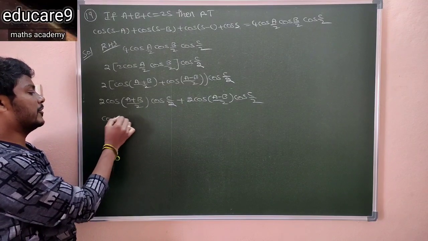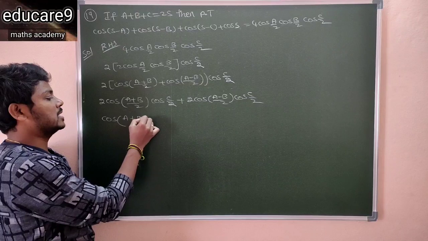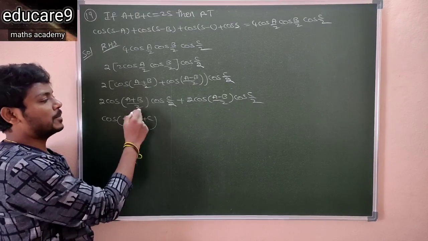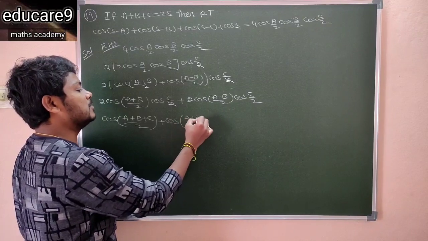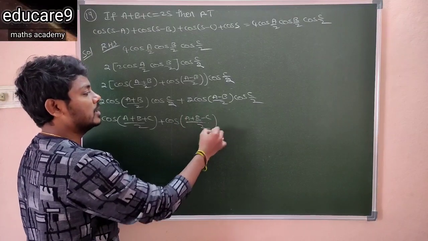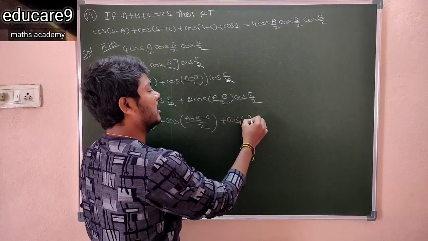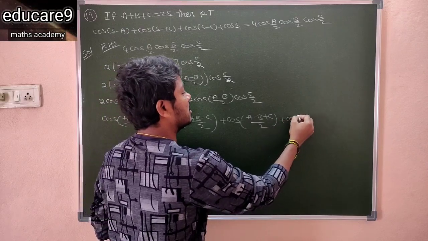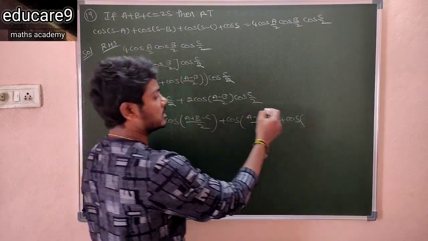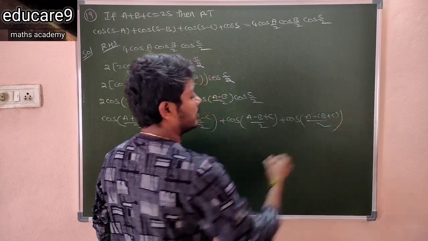That is cos of a plus b, you have to add these two, that is a plus b plus c by 2, and subtract these two, plus cos of a plus b minus c by 2. Here also apply same formula. Cos of a minus b plus c by 2. Next plus cos of, subtract these two angles, a minus of b plus c by 2.